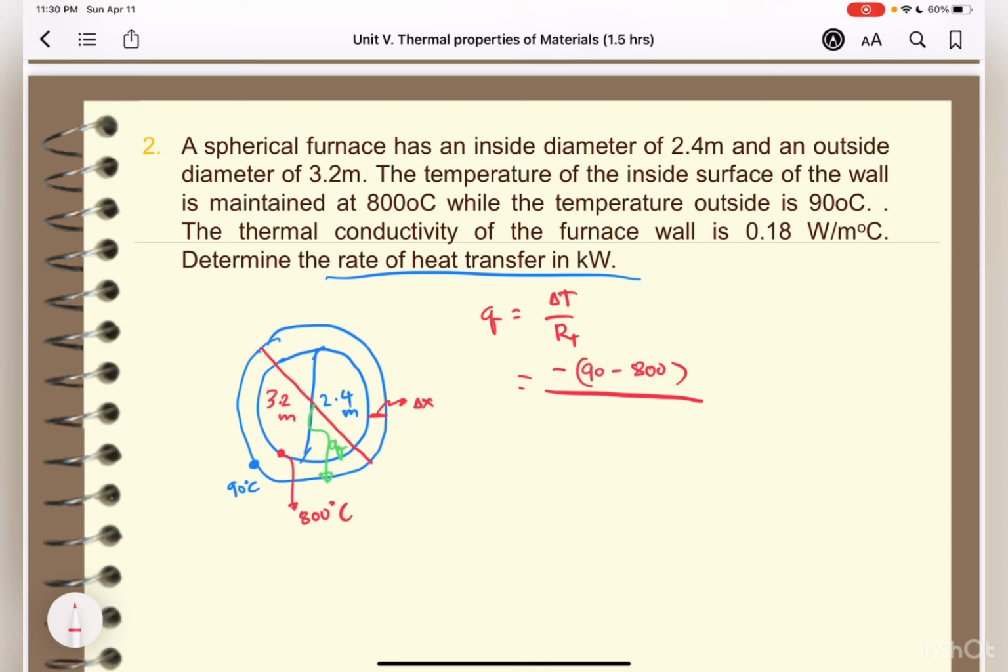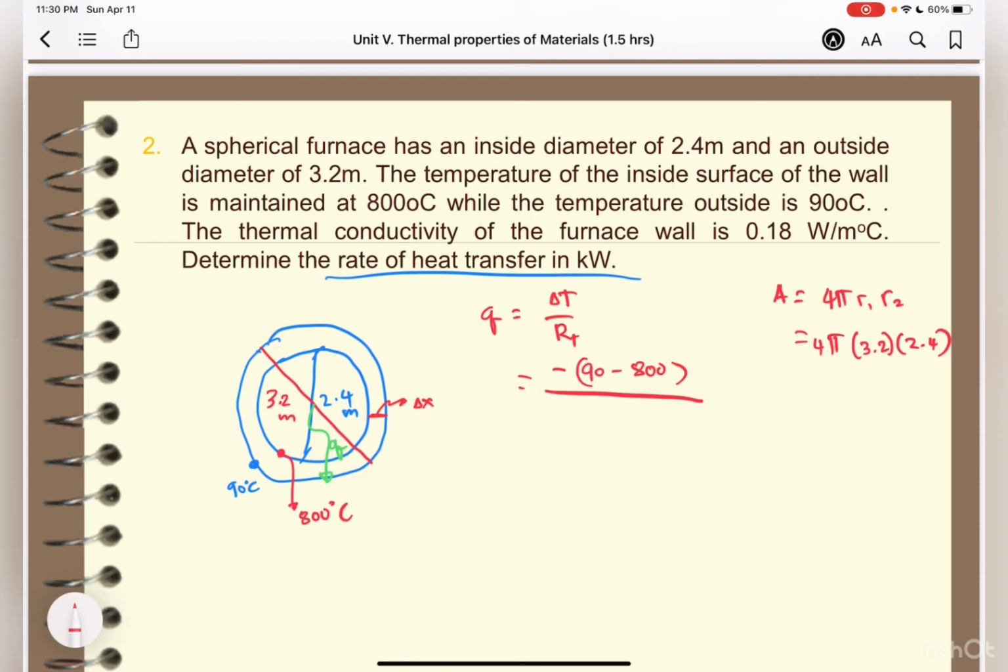So the area actually is 4 pi r1 r2 since it is a sphere, or that is 4 pi times 3.2 times 2.4.